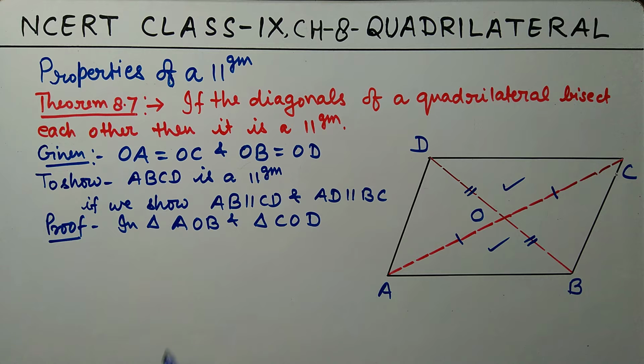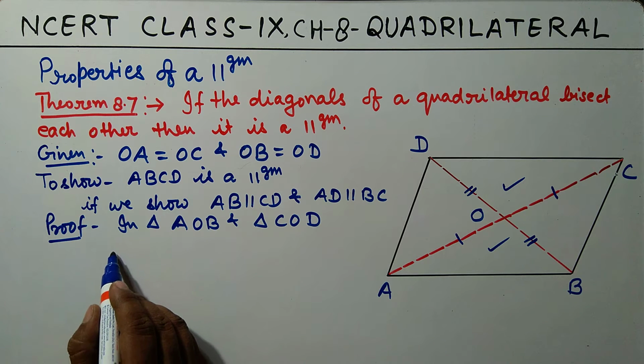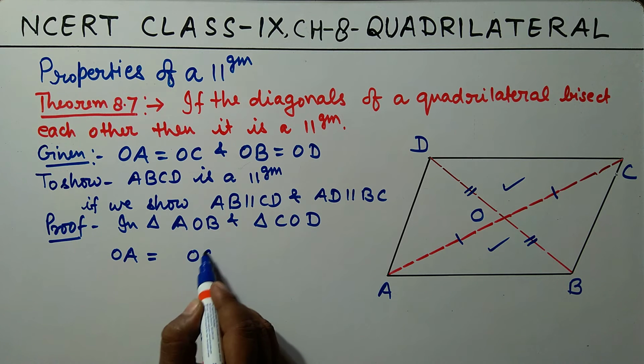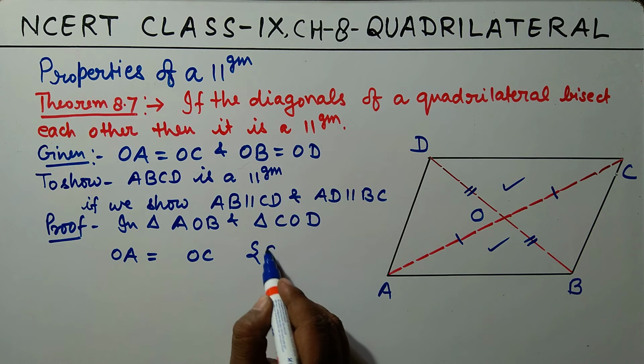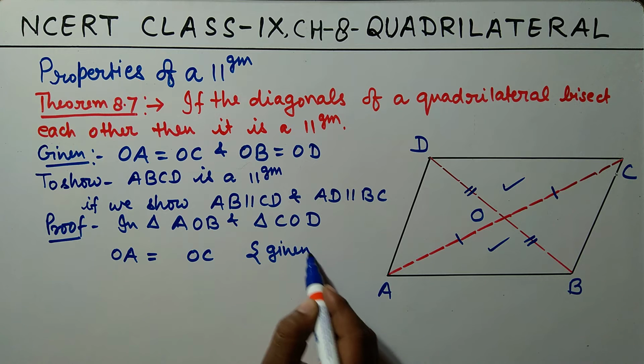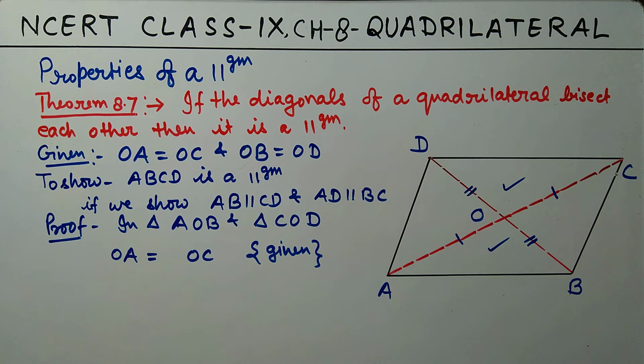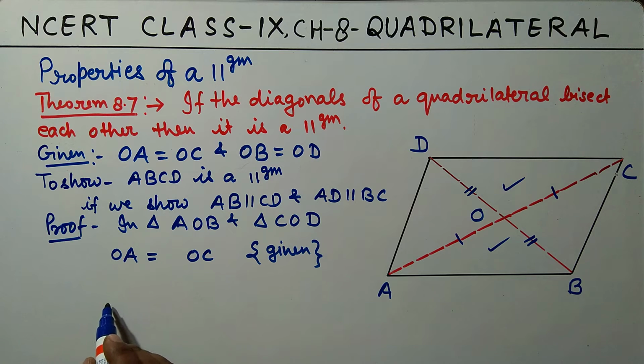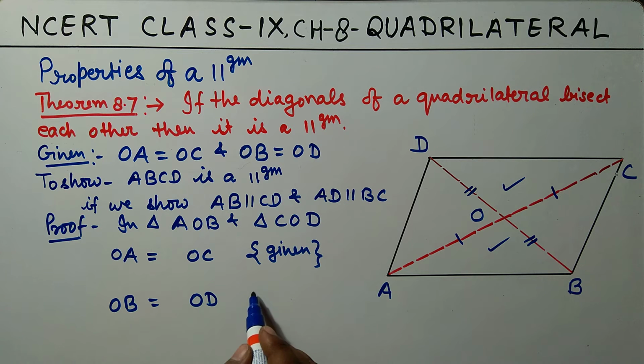Let us consider. OA is equal to OC. Why? Because it is given. And OB is equal to OD. This is also given.